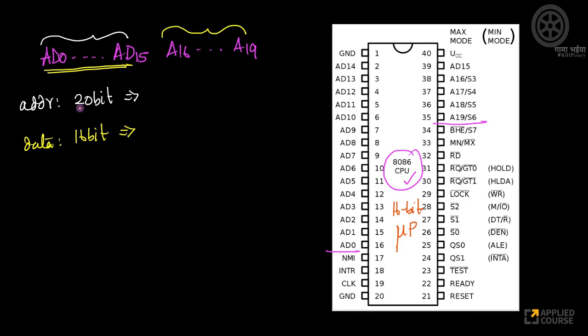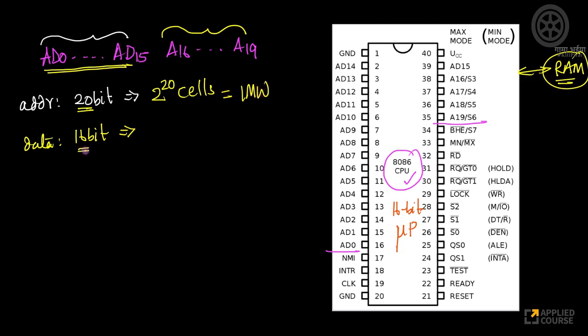Because the address is 20-bit, how many cells can I have? I can have 2 power 20 cells. If this is connected to a RAM, what is the maximum size of this main memory? 2 power 20 cells, which is 1 mega words. And what is the size of each word?